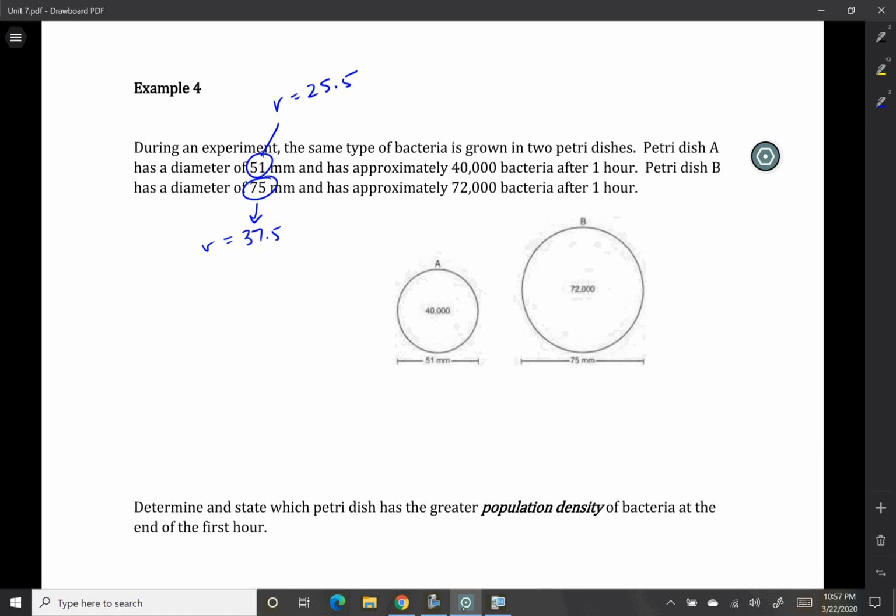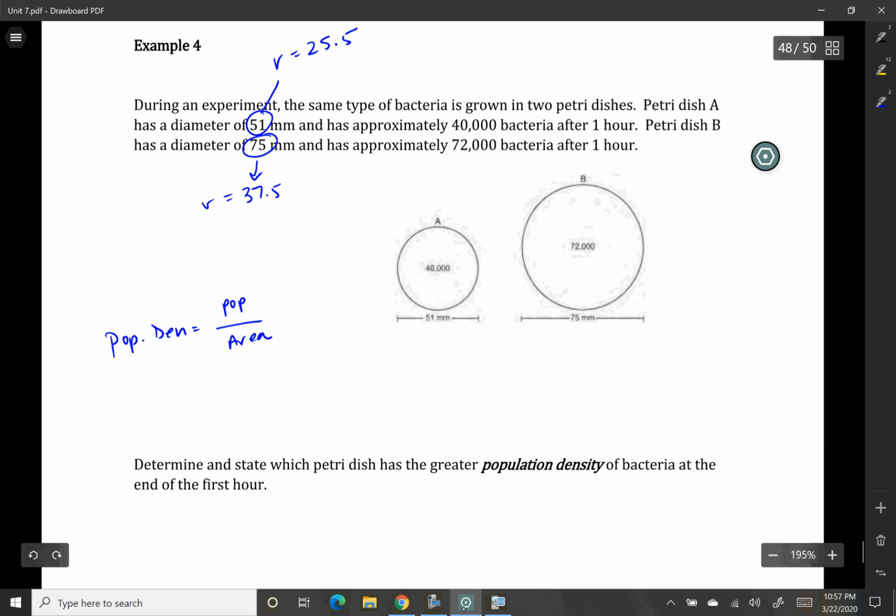All right, so population density is kind of like the density formula, right? So we're going to say the population divided by the area. To find the population density, we need to find the area of each of these shapes. The area of a circle is pi r squared.